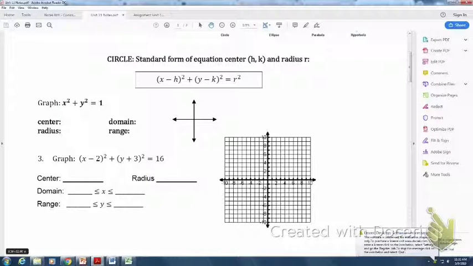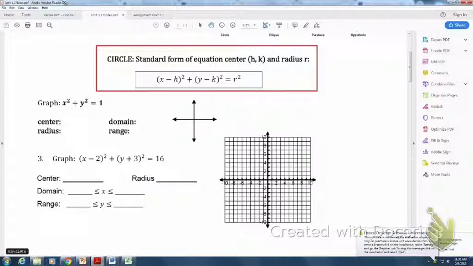So essentially, this was going to be the circle part of the notes. What I need you to write down there is essentially this right here. And make sure that you know that the center is (h, k) and the radius is r.